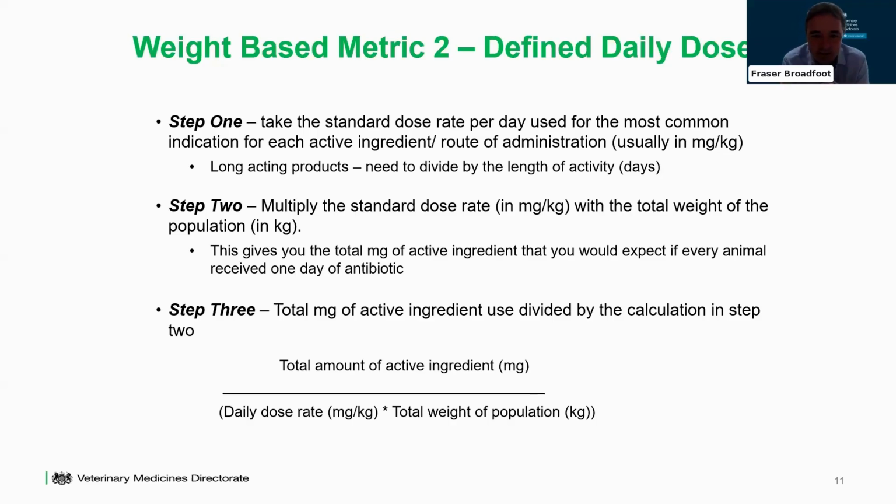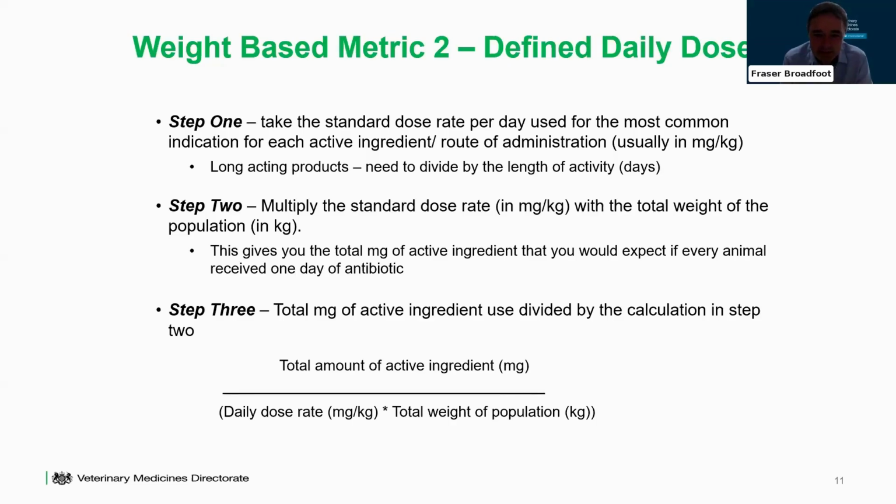So if a product's given twice a day, you'd have to multiply that by 2. And if it's a long-acting product, you also need to divide by the length of activity, because what you're interested in is the number of days that these animals are exposed to an antibiotic. So that's step one, is what is the dose rate for that particular product.